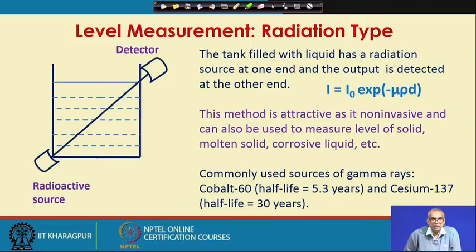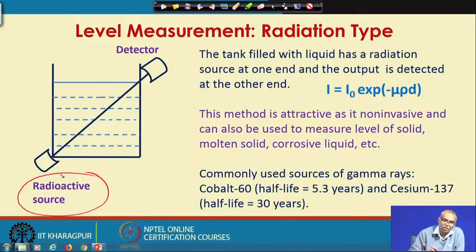So, one typical design is shown in the schematic. We have a radioactive source. It has been attached at one corner, and in the other corner we have this radiation detector.